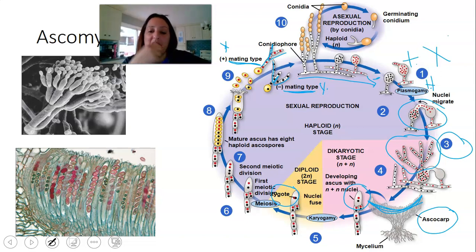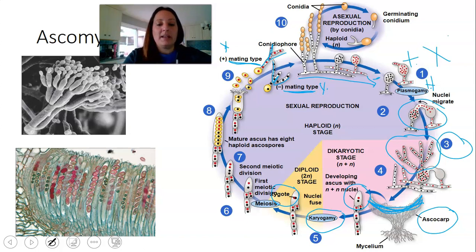Okay, so that's happening on that inner rim of that cup. You're getting the fusion of those two nuclei. Again, that is called karyogamy. So we had plasmogamy, we had the dikaryotic condition, now we have karyogamy, and now we have a diploid zygote. All of this is happening right here inside the ascocarp, the fruiting body.